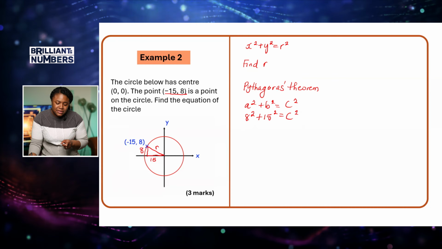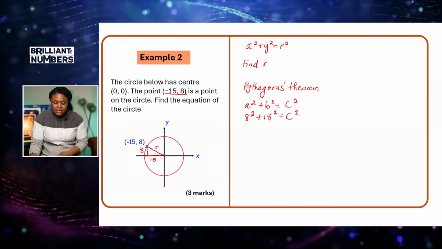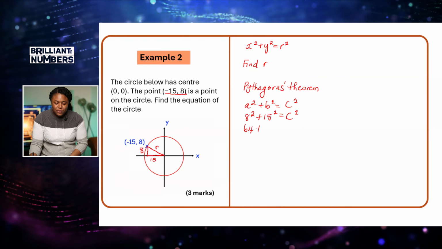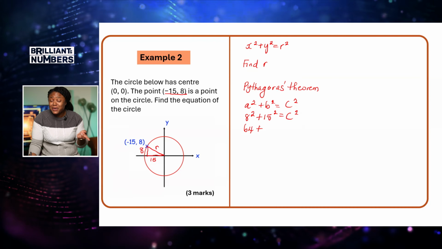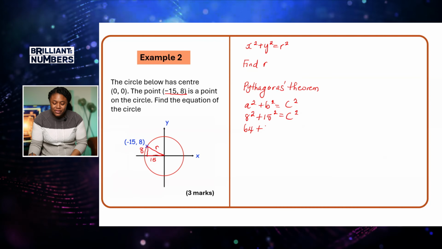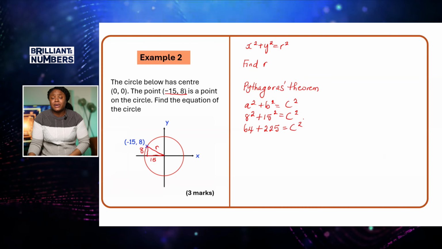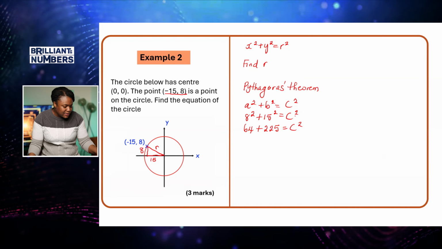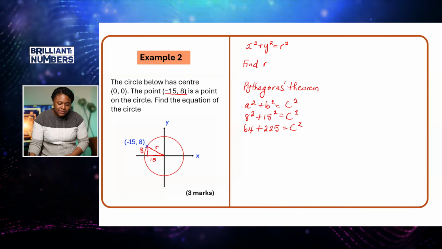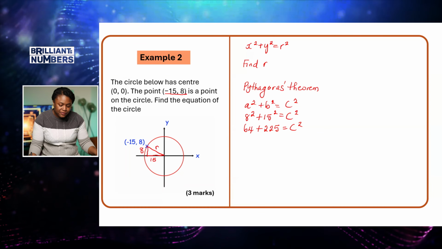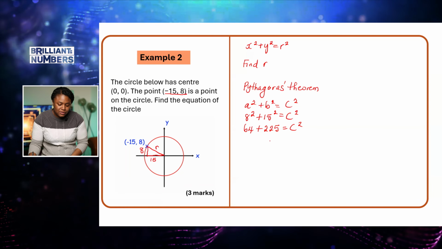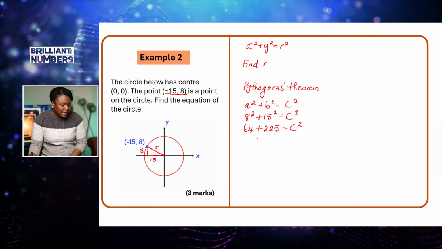So I need to find my squares. 8 squared is 64. And as we've just experienced on the other question, 15 squared, we know now that's 225, and that's equal to c squared. So I'm just going to add those together. Adding them together, 64 plus 225 gives me 289.